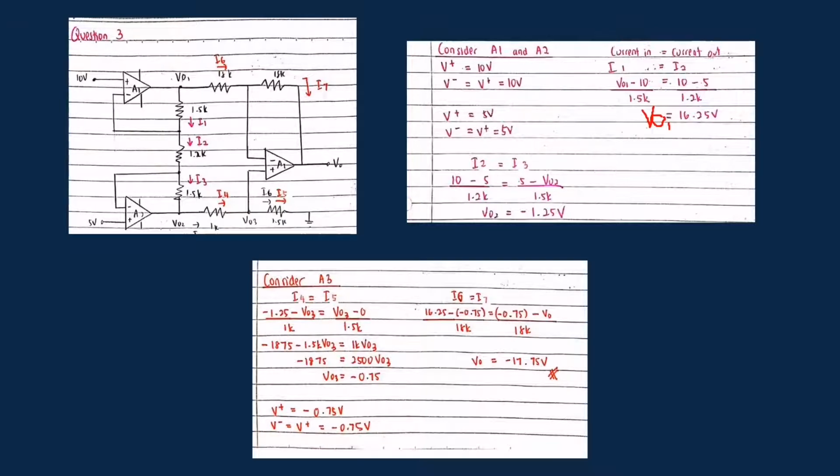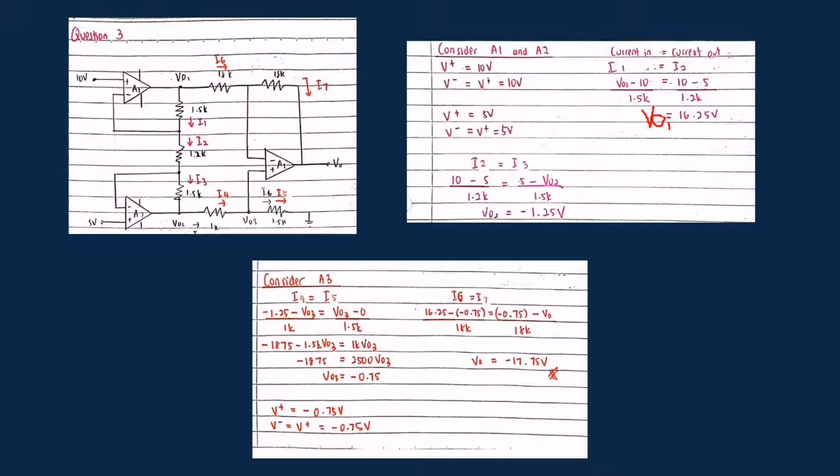So I substitute all the values here, which is VO1 minus 10 volt over 1.5k equals 10 volt minus 5 volt over 1.2k. So I get a value of 16.25 volt.